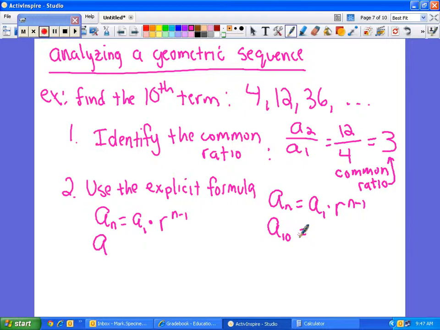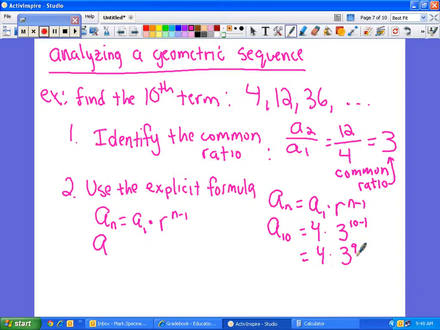What's our first term in this sequence? Not term 1. What is the value? 4. So it's 4 times our common ratio, which is 3, to the 10 minus 1.